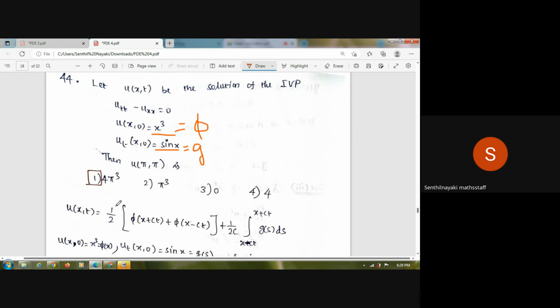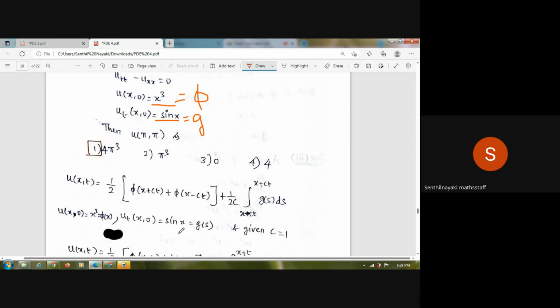So u of x comma t equals 1 by 2 of phi of x plus t plus phi of x minus t, plus 1 by 2 integral from x minus t to x plus t of g of s ds. Here phi is x cube and g is sine. Substitute 1 in this D'Alembert solution.